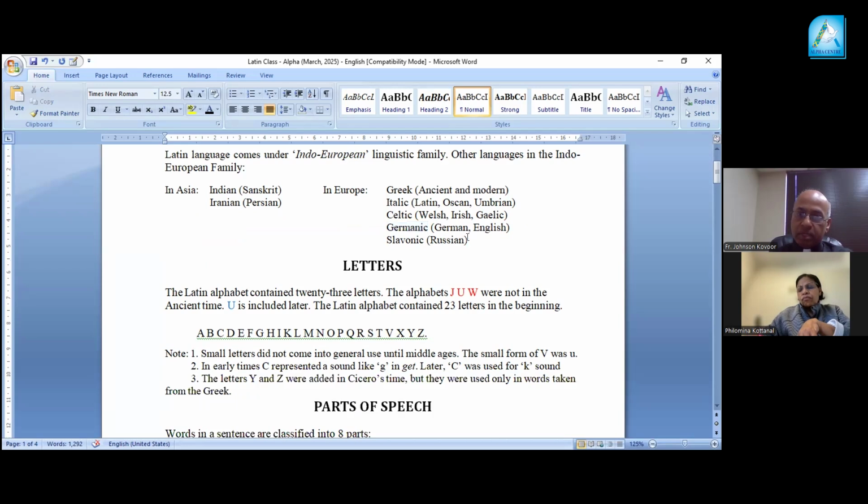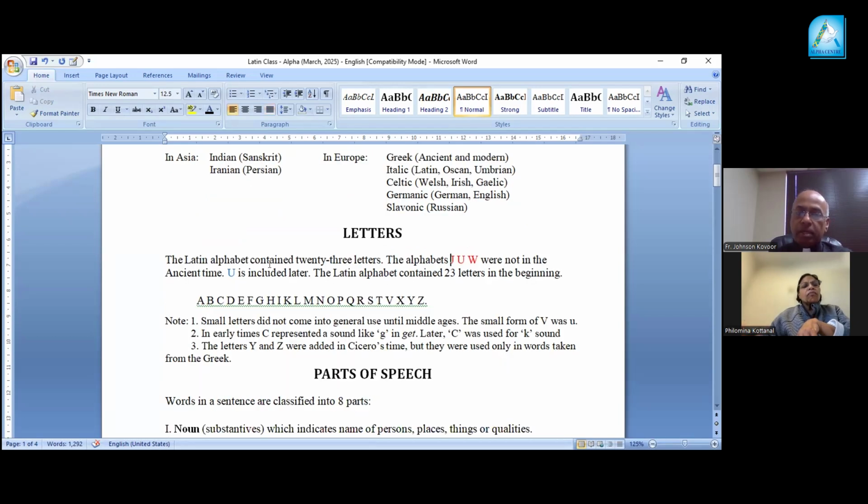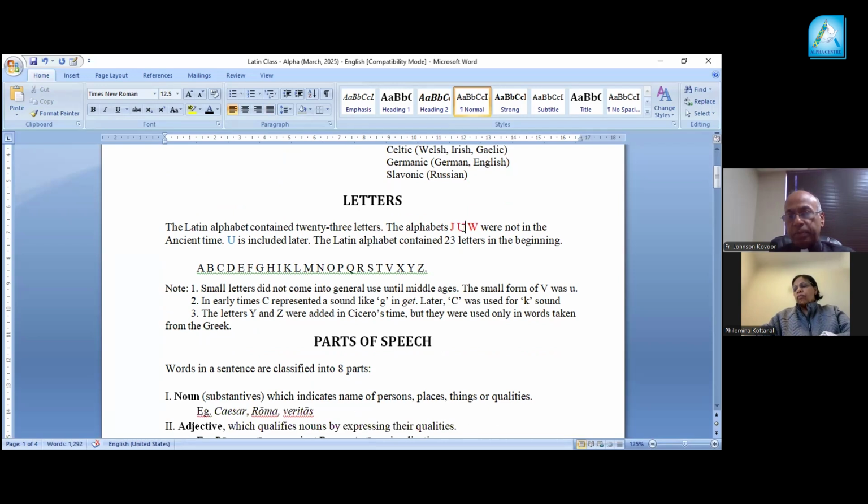Therefore, we need not study another alphabet like Hebrew or Greek. This is the same as the English alphabet. In the beginning, in the Latin language, three letters, J, U, and W, were absent. They were not using these, but later U was included. But even at present, J and W are not used.